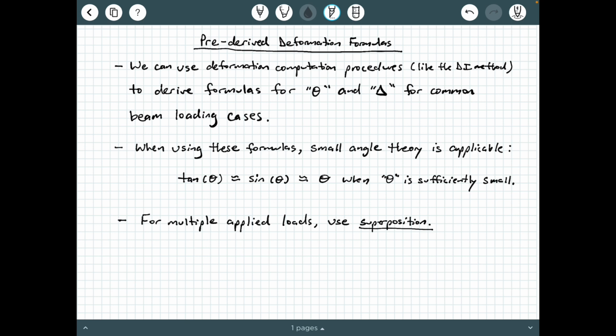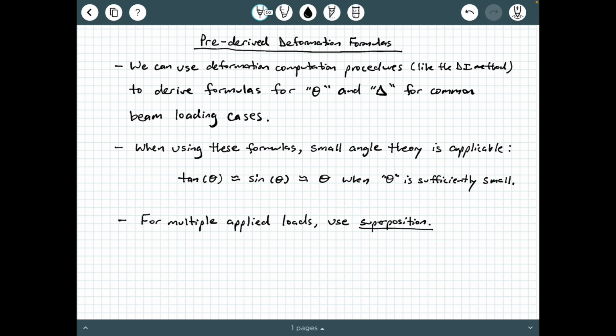We typically deal with small rotations in mechanics of materials and in structural engineering in general, where we can use small angle theory, okay? We also need to note that for multiple applied loads, we can use superposition.